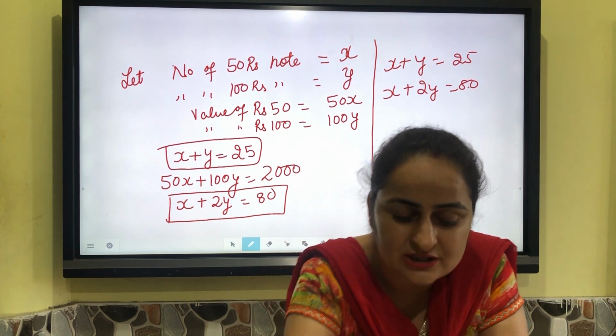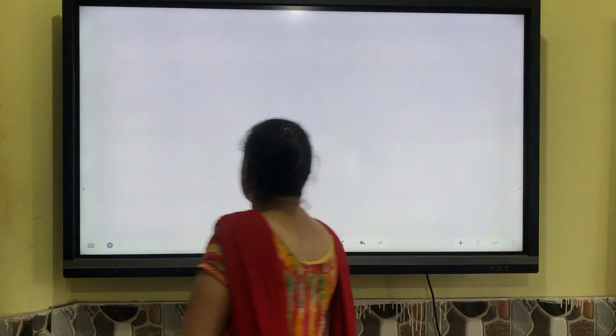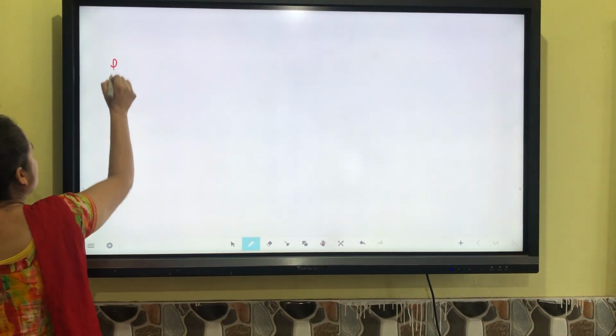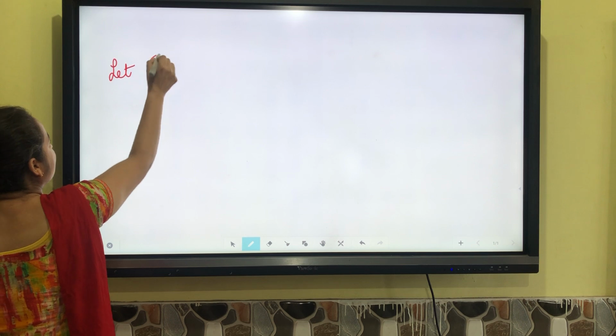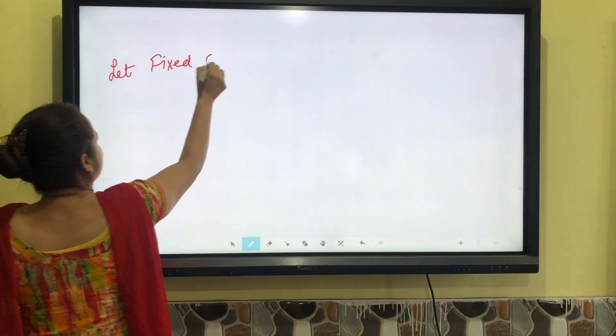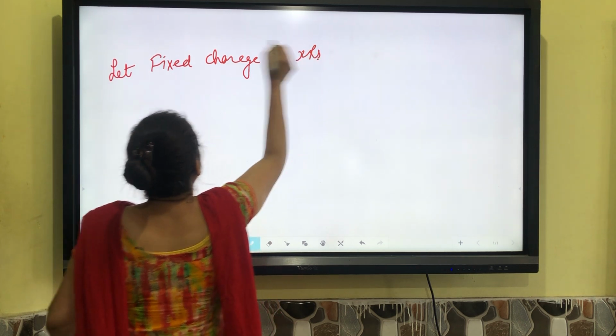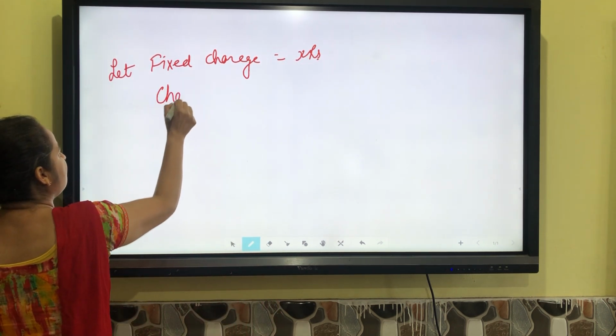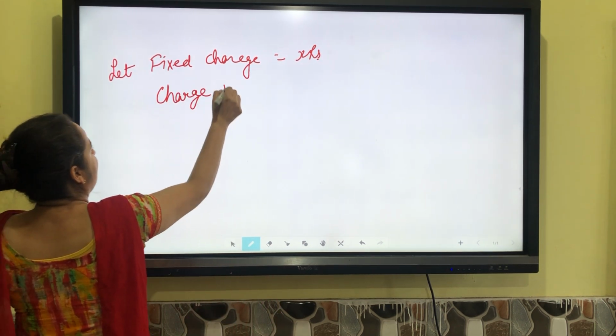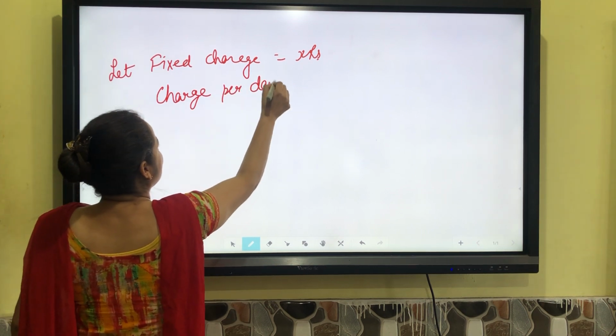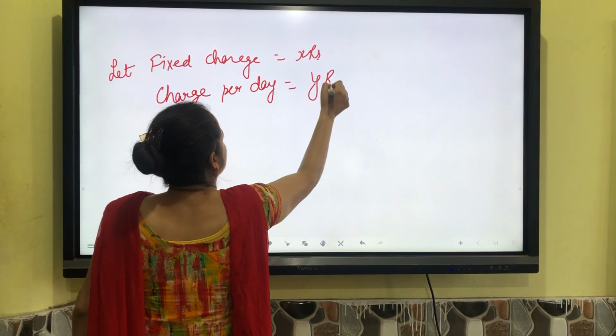Find the fixed charge. In the question, what do you want to find? Let the fixed charge be x rupees and the charge per day be y.